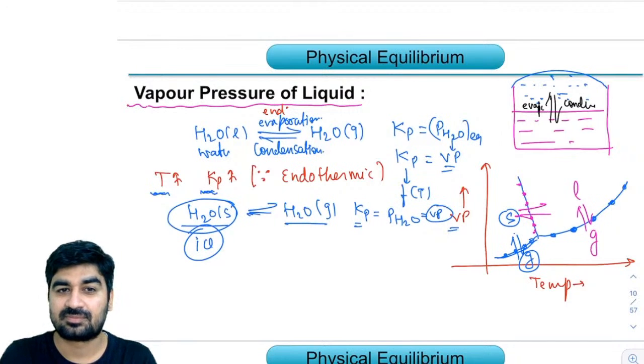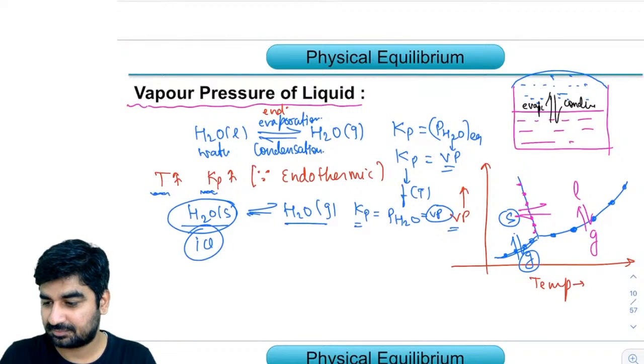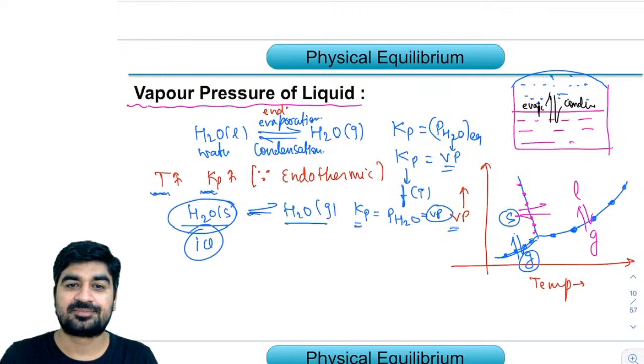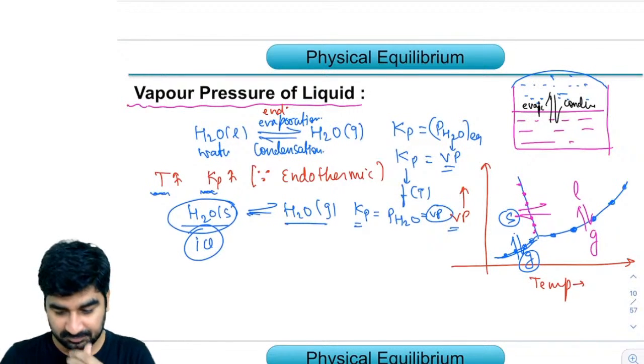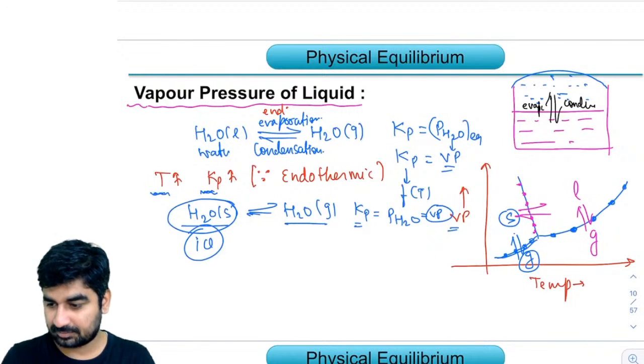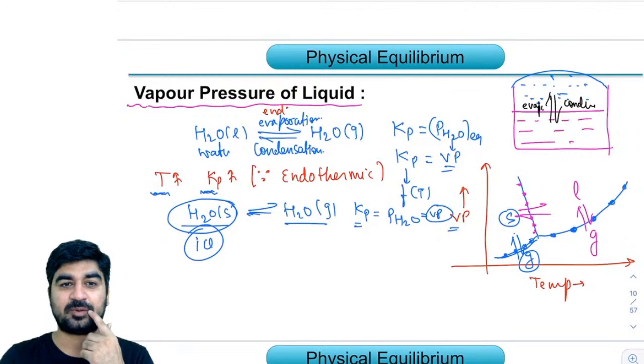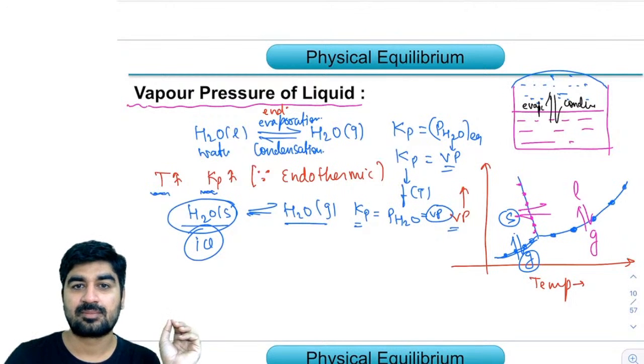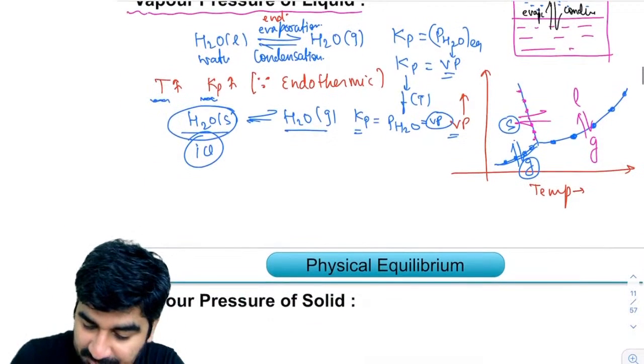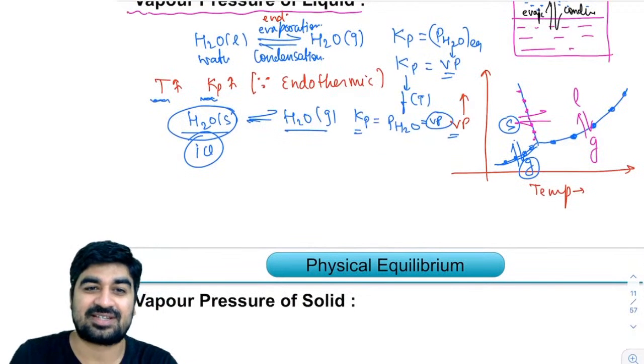Okay guys, are you getting it? Any doubt? No doubt. So what I'm saying here, this is called a phase diagram.